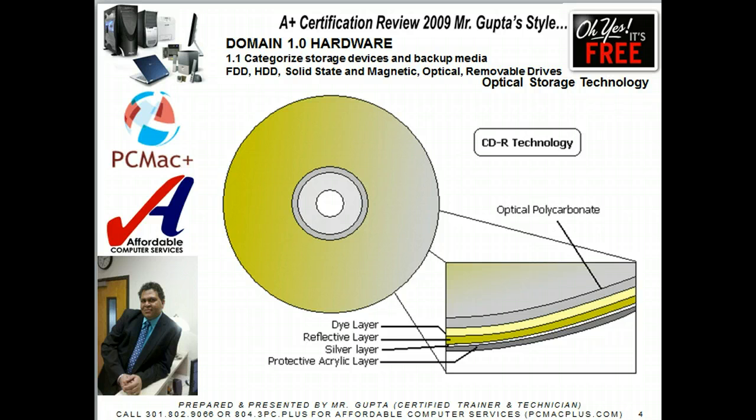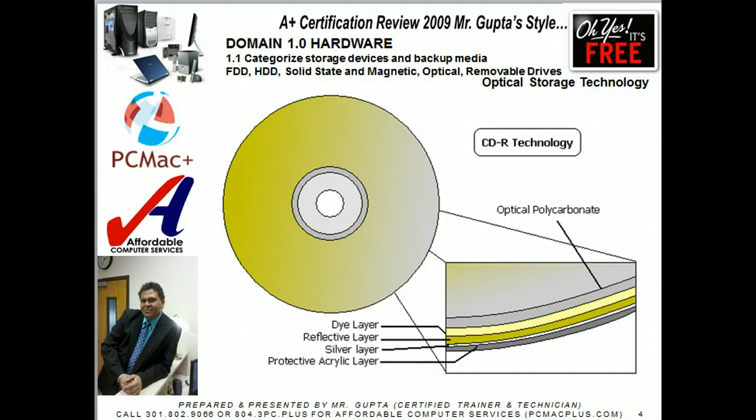On the top side of the disk, you have the protective acrylic layer that prevents scratches to the recording material. Then you have the actual recording layer, the dye layer, where the recording laser burns data bits into the polymer dye.